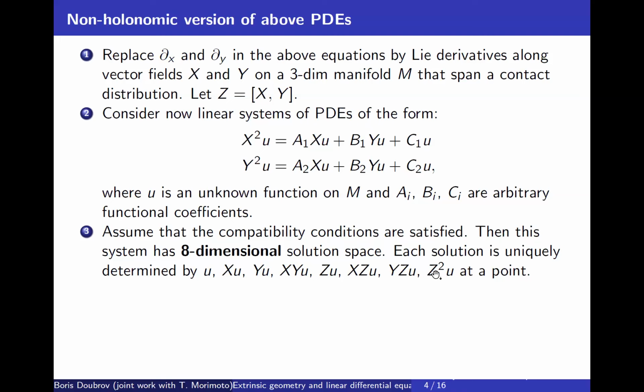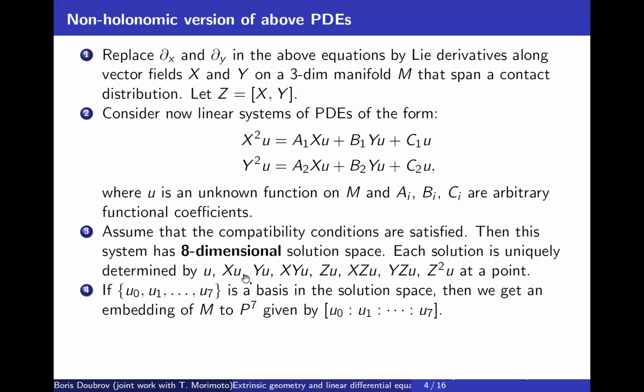So these 8 entities can be chosen arbitrarily, again assuming we have all compatibility conditions satisfied. So we have an 8-dimensional solution space in this case. And again, playing the same game, we take a basis of the solution space, and we get our embedding of a three-dimensional contact manifold into P7, where U0, etc., U7 are homogeneous projective coordinates of our embedding.